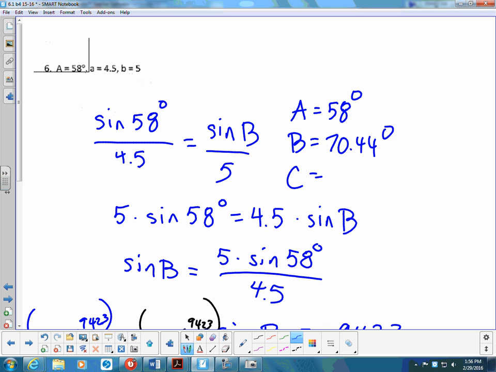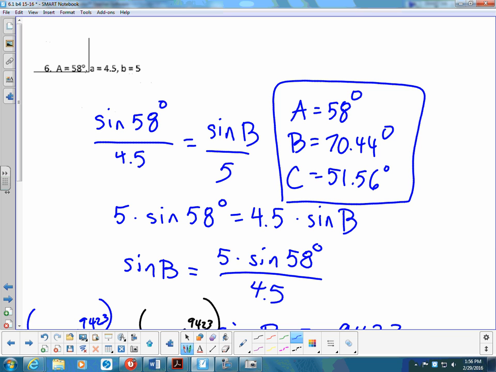Calculators. What's our third angle going to be? 51.56. Do people agree with that? Yeah. Tara, how'd you get that? 180 minus 58 minus 70.44 leaves us with this one. Do we agree? Okay, so that's our first triangle, triangle number 1.